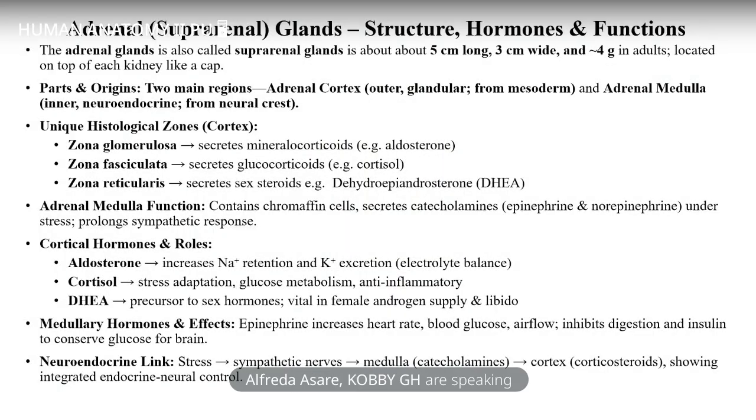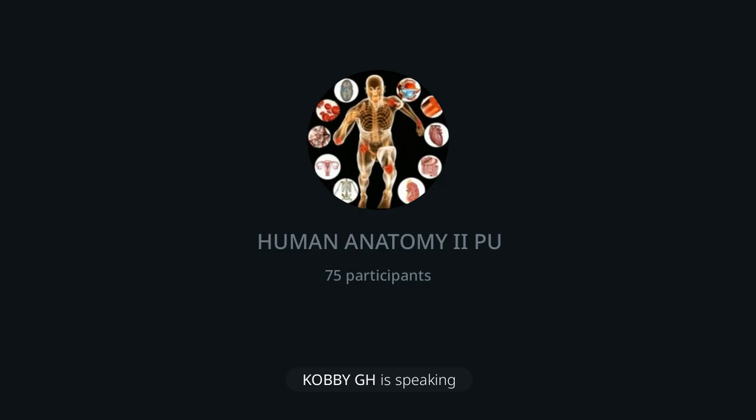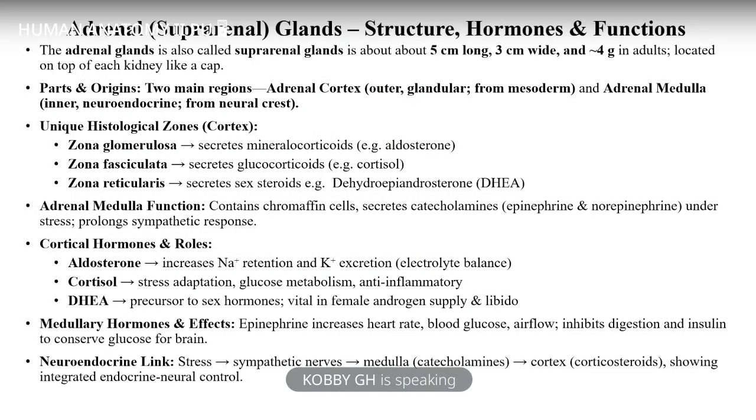In the RAS, when angiotensin 2 is being produced, one of its functions is that it stimulates the adrenal cortex to release aldosterone. Aldosterone is an example of a mineralocorticoid.